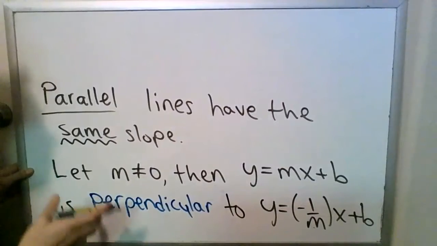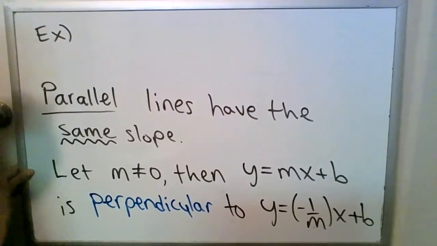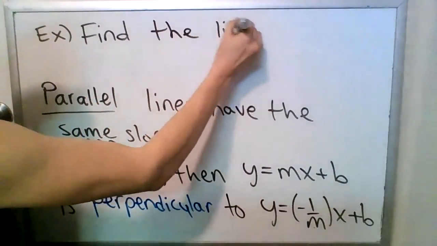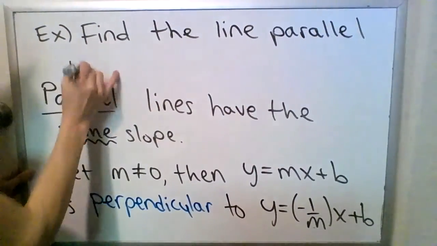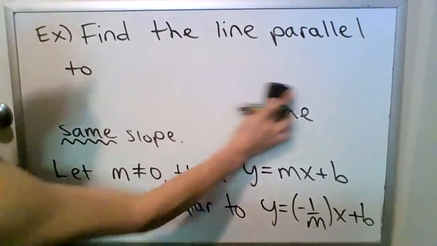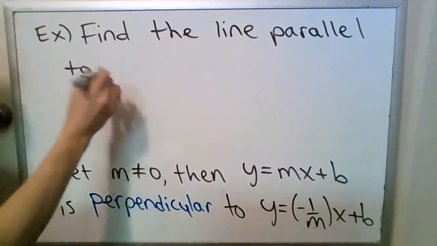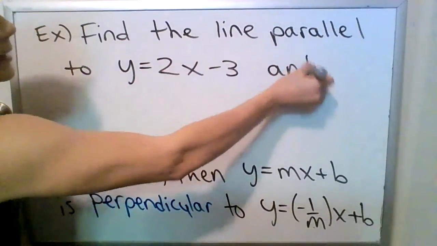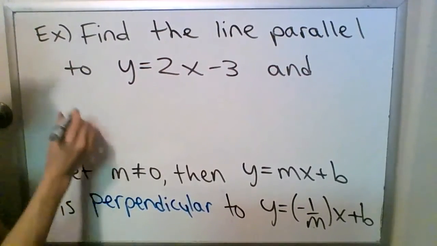Okay, we're going to find the line parallel to y equals 2x minus 3. And it goes through the point 4, 7.